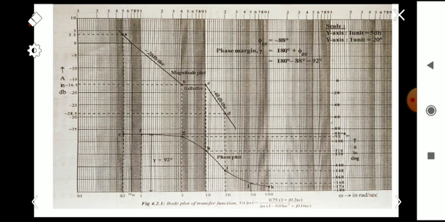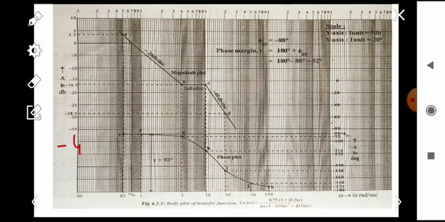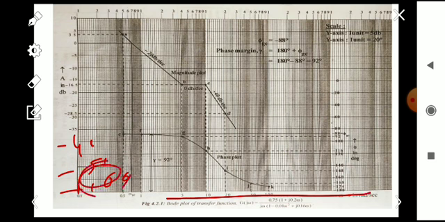If the frequency is increasing, this line is also extending downwards, that is, the gain is decreasing, like minus 40, minus 50, minus 100, like that. It decreases when frequency increases.